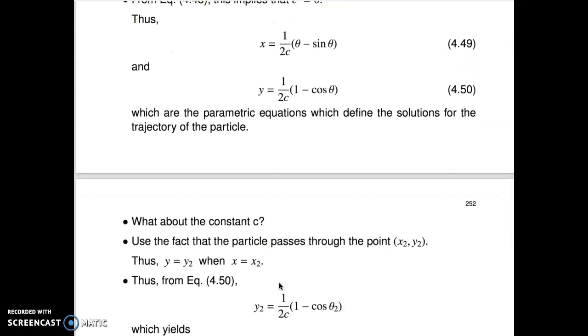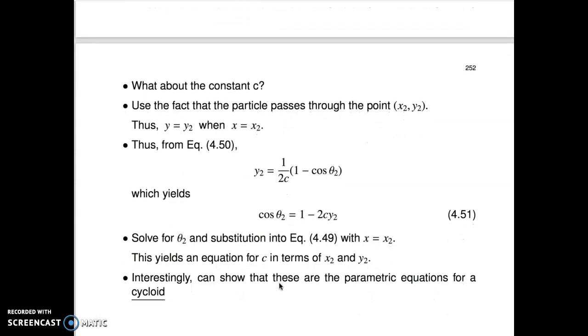Okay? What about this constant c that we've been referring to? Well, we can now use the fact that we know not just what the initial point is, but what the final point, x2, y2 is. So we know that when y is equal to y2, x is equal to x2.